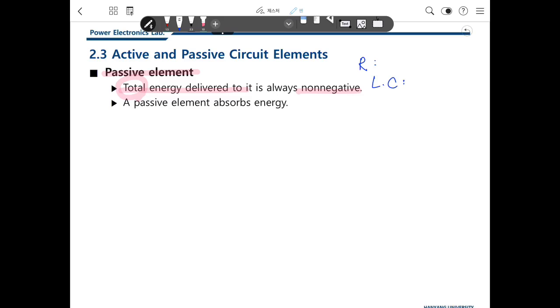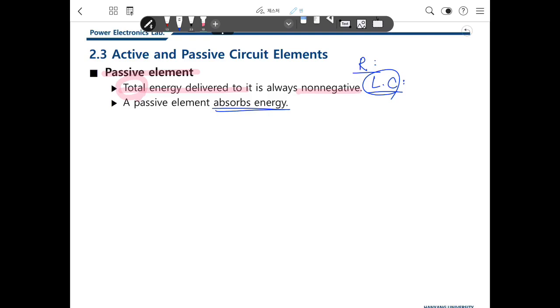But the energy that L and C supply is the temporarily stored energy from before. They cannot generate energy by themselves. So we call L, C and R passive elements. The passive element absorbs energy.